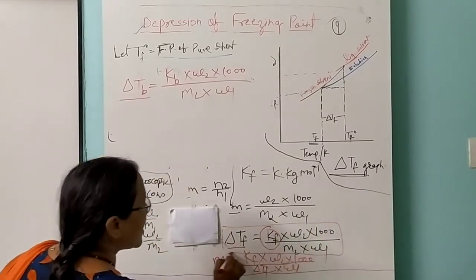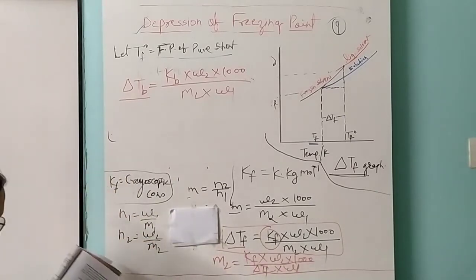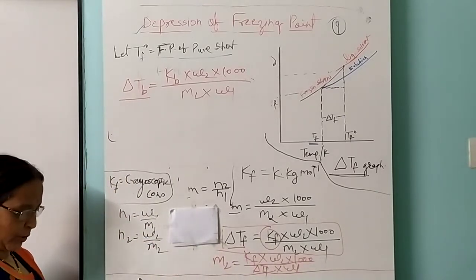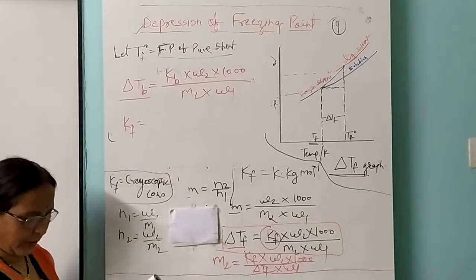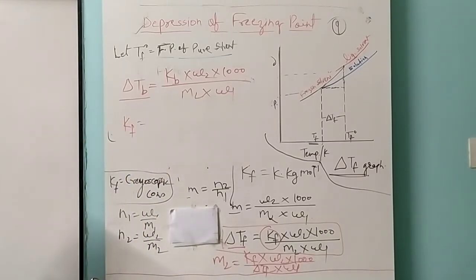Now this equation we can write in this form also, that Kf is equal to Kf in the form of Kf and Kb, right?